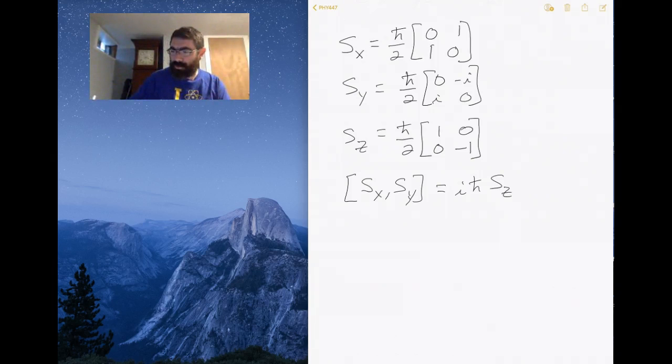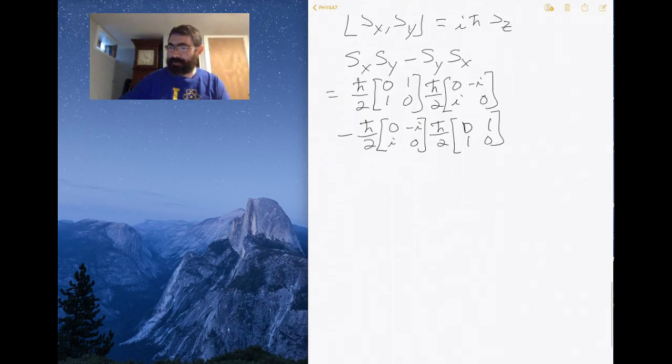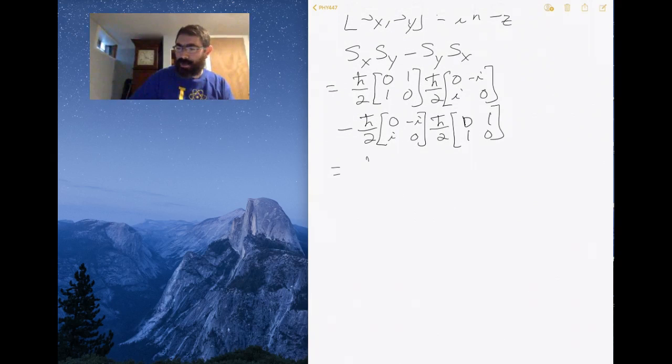What we have is Sx Sy minus Sy Sx, which is equal to h bar over 2 times the matrix 0, 1, 1, 0, times h bar over 2 times the matrix 0, minus i, i, 0, minus the same product in the opposite order, and you get the matrices 0, 1, 1, 0.